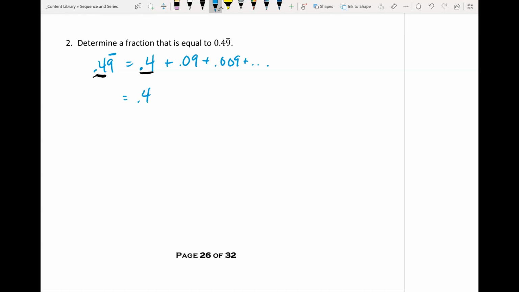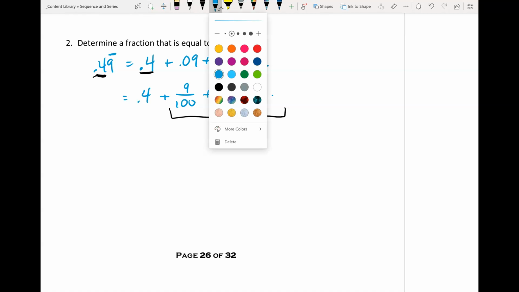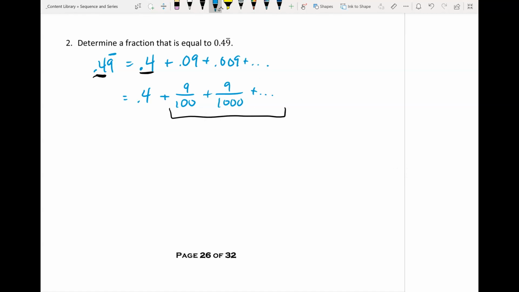Equivalently, I can also write this as a fraction. So I'm going to leave this 0.4 as is, but I can rewrite 0.09 as 9 over 100 because that's 9 hundredths. And this would be 9 thousandths, and so on. So if we just look at this portion of how we've written 0.49 repeating, this can be written as a series.